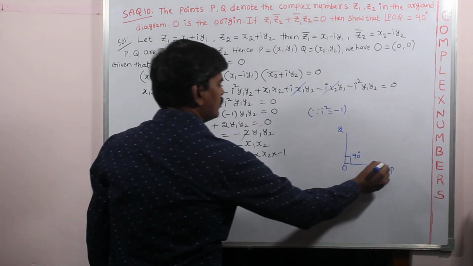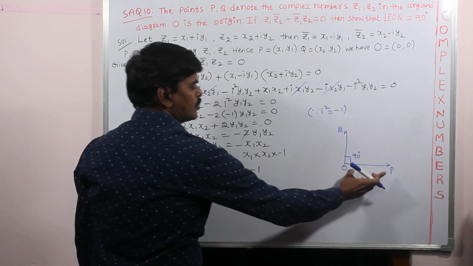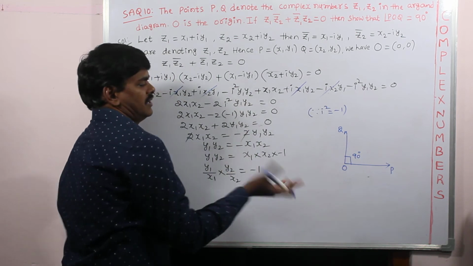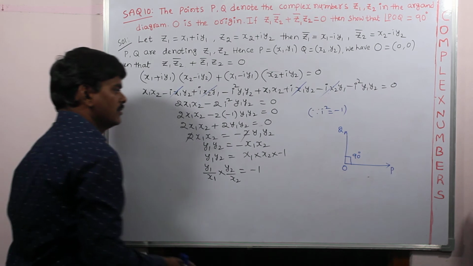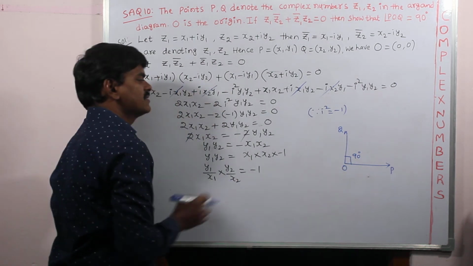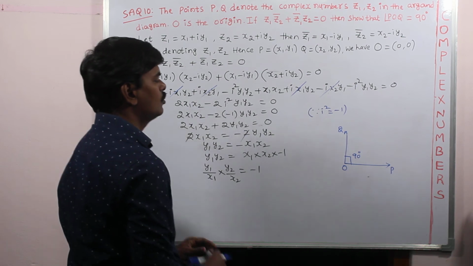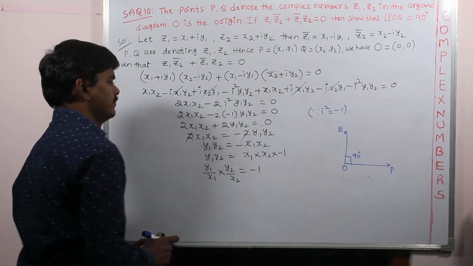In order to prove angle POQ is 90 degrees, if you are able to prove OP is perpendicular to OQ, then automatically angle POQ becomes 90 degrees. In general, if you want to prove two lines are perpendicular, you have to go for the slopes concept.